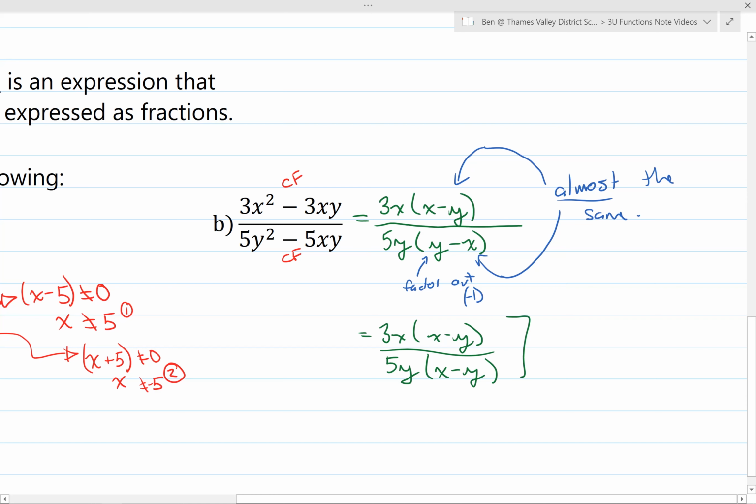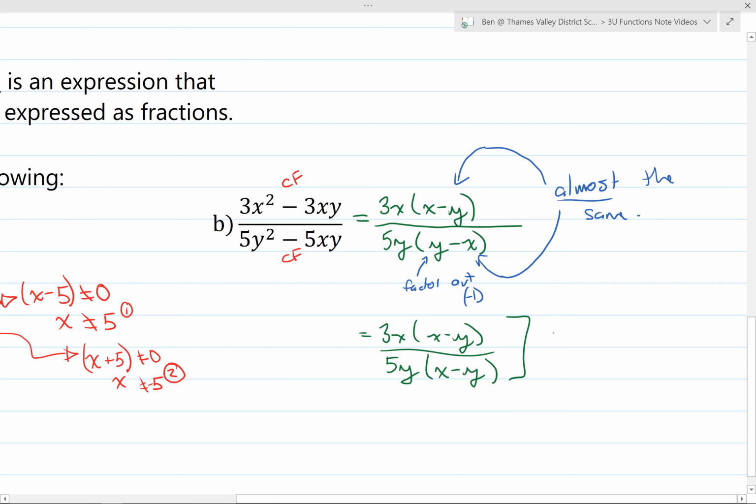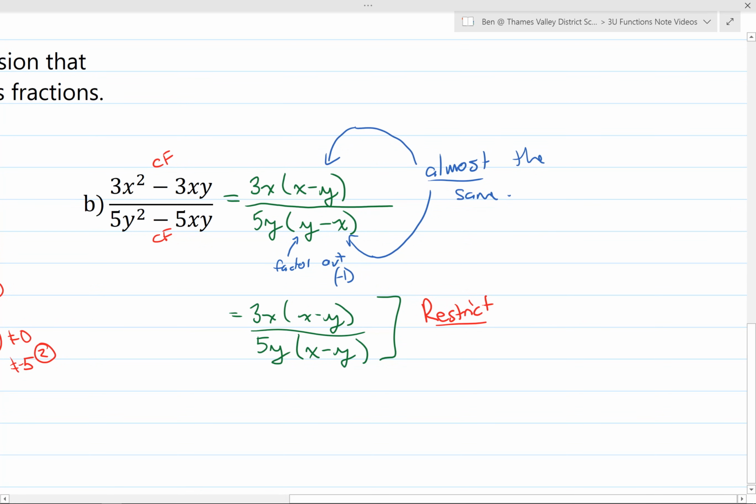And this is not only fully factored, but also I can recognize patterns in here. So I will be able to cancel out when I get there, but I can't cancel out yet because I need to state my restrictions. My restrictions come from the denominator, and it's every factor in the denominator. I see a factor y in the denominator, so that means y cannot equal 0. That's my first restriction.